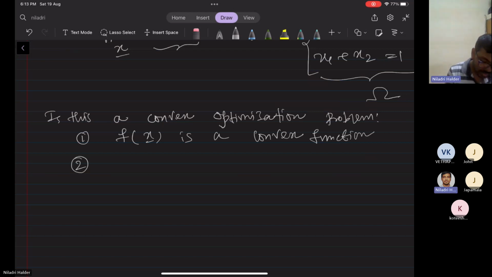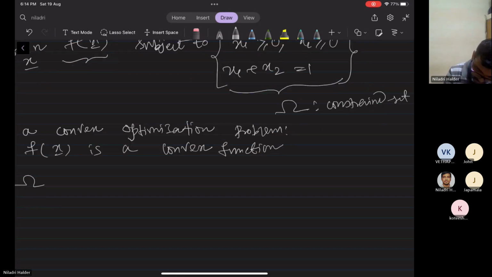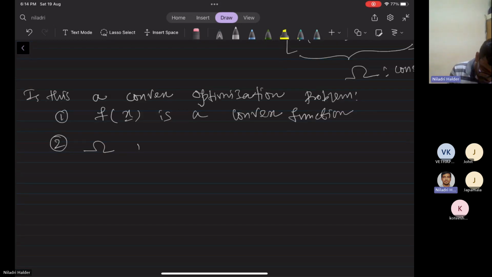And number two is that the set omega, which is a constant set, should be a convex set.